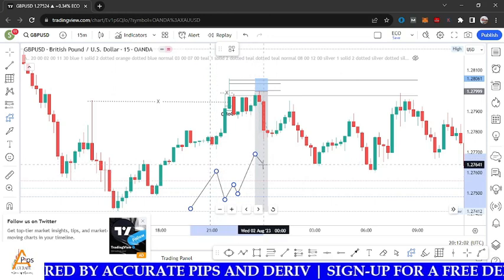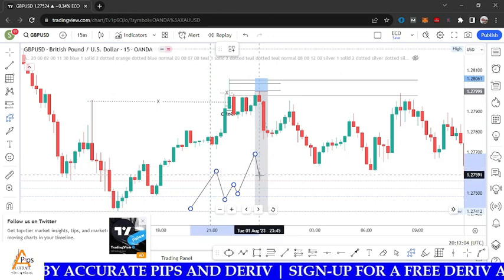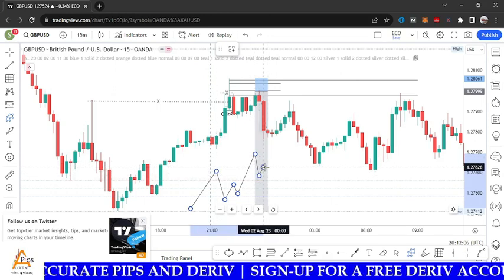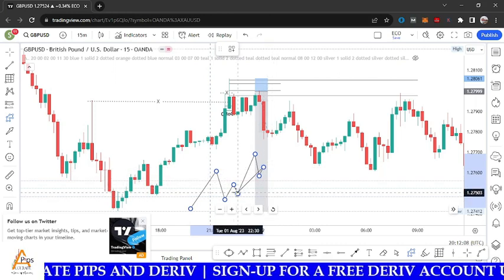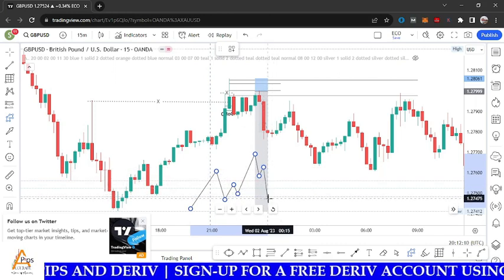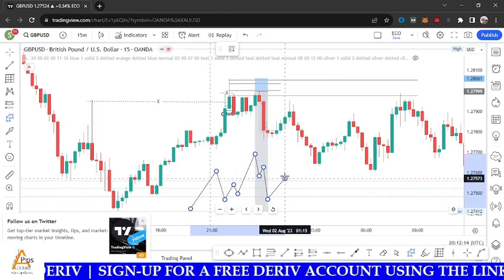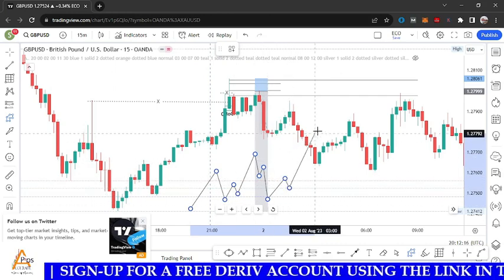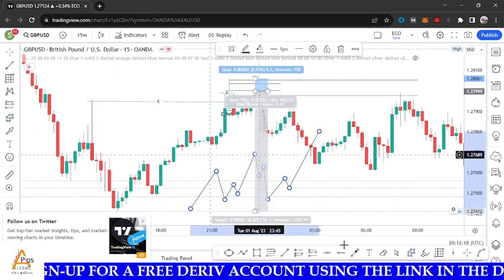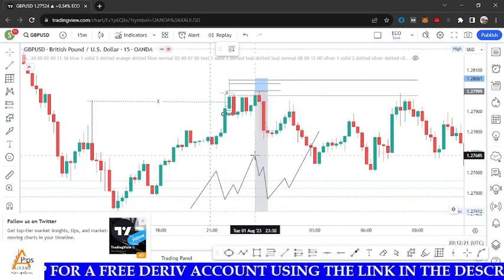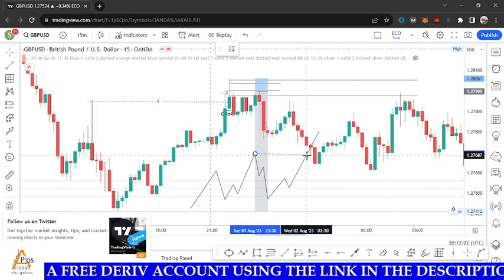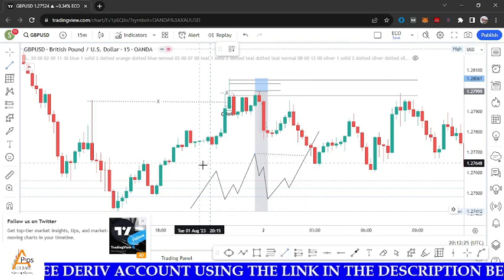Then market moves something like this and comes and takes out this low here, and then market moves up again to close above this.